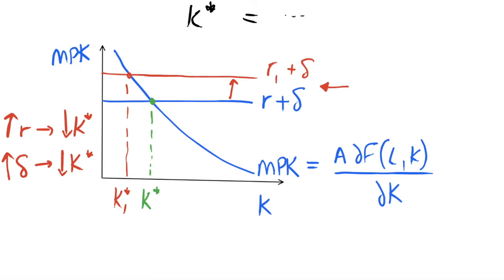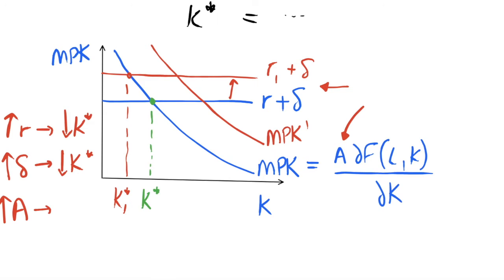And our third and final parameter that comes into these curves is our productivity parameter. So let's imagine we increase our productivity parameter A. Well, this factors into our marginal product of capital curve. So if we increase that, we are going to be increasing our marginal product of capital, which we can show as a shift upwards or a shift to the right of this marginal product of capital curve.